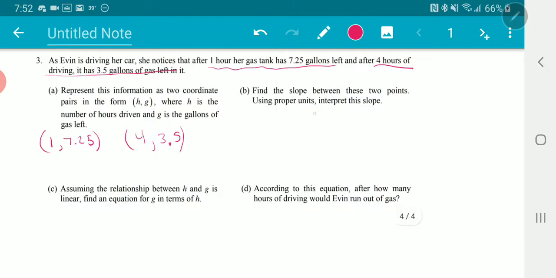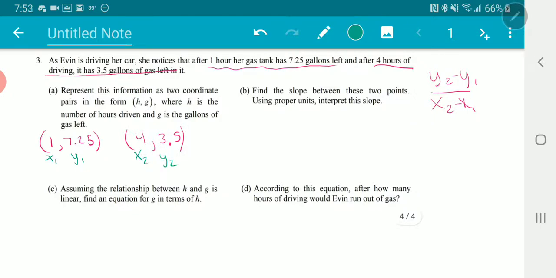Part B says, find the slope between the 2 points. So we have to remember that my slope equation is y2 minus y1 over x2 minus x1. We look back here, that's my x1, y1, my x2, y2.